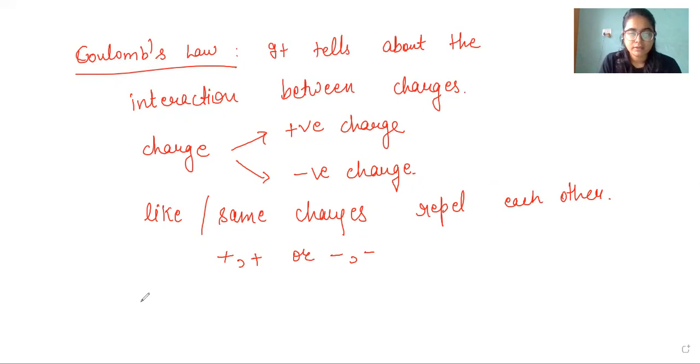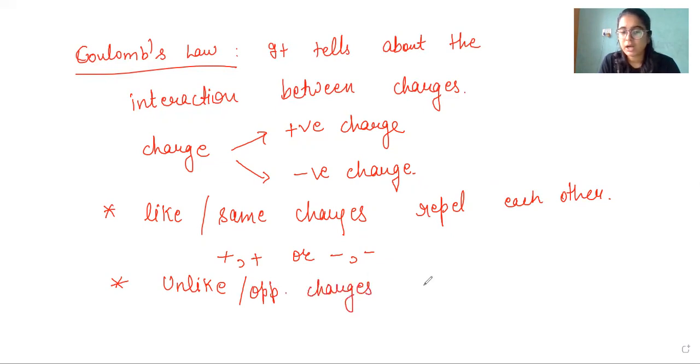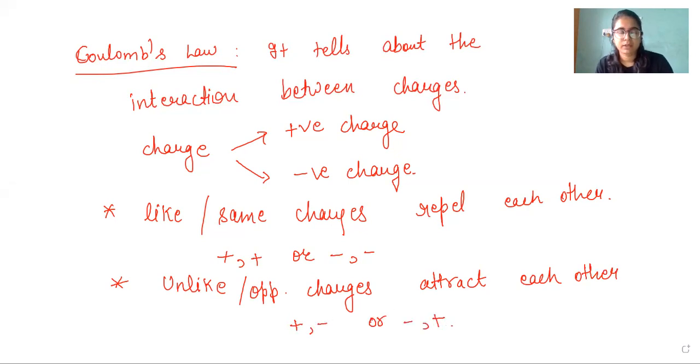The second property is that unlike charges, or you can say opposite charges, attract each other. Opposite means one can be positive and the other can be negative. So this is the basic property of charges.